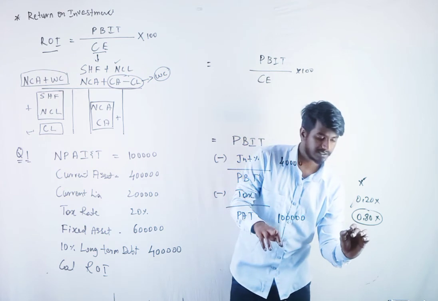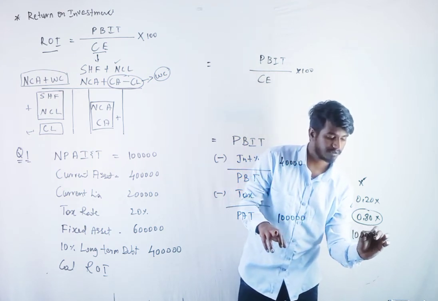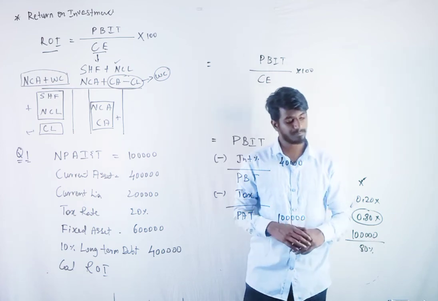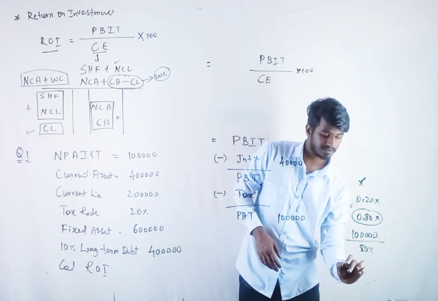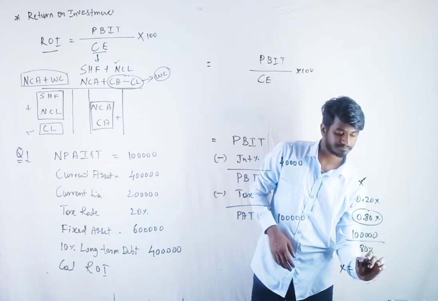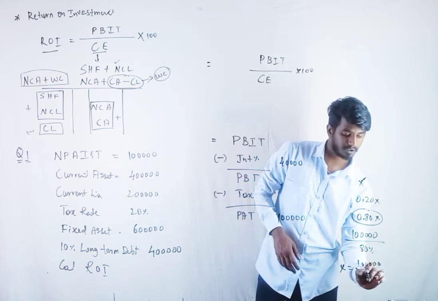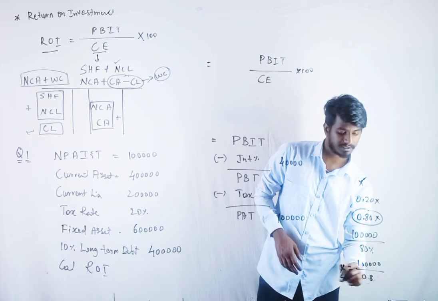If it is 1 lakh, you can straight away put the 80%, or you can solve it: x is equal to 1 lakh divided by 0.80.